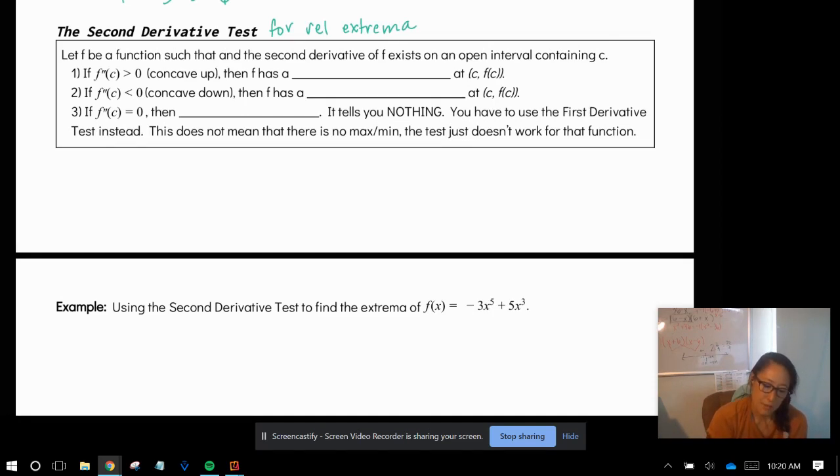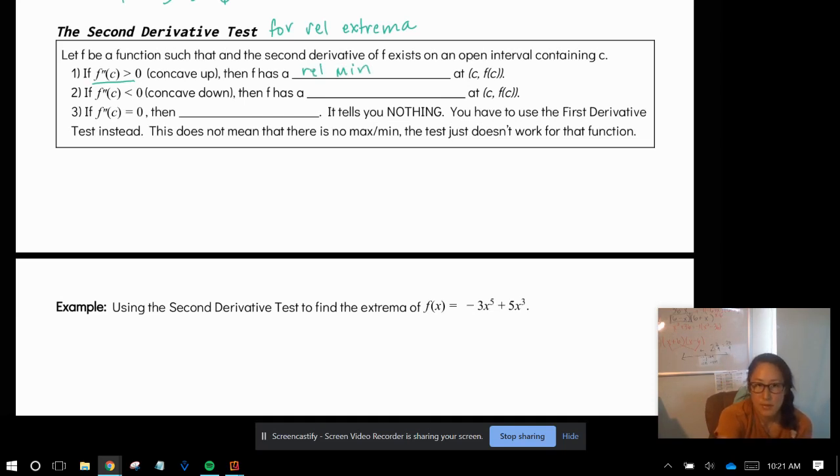So if you have a function where the second derivative is greater than 0, which means it's concave up, then f has a relative min.